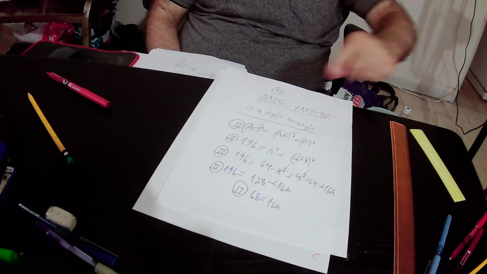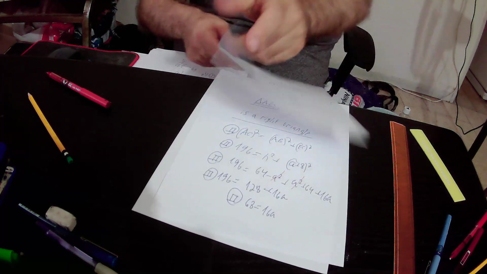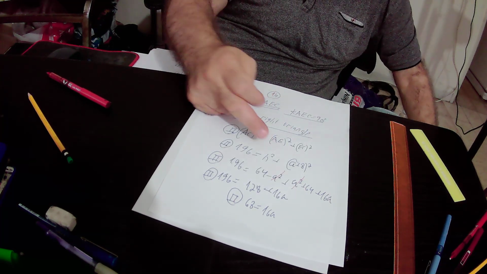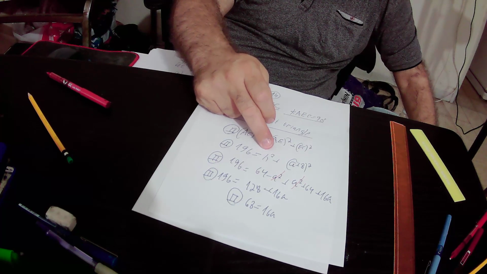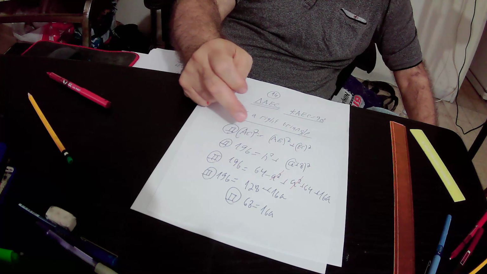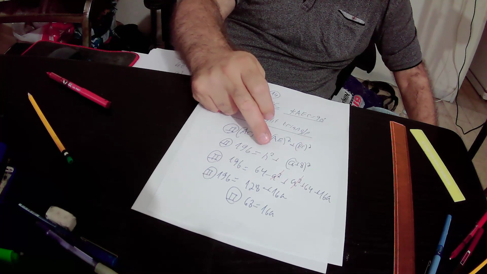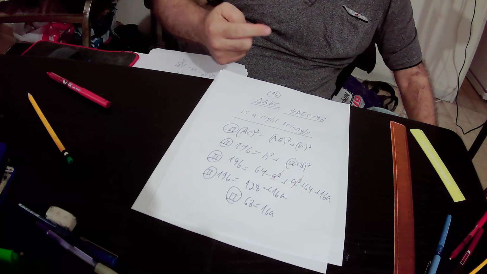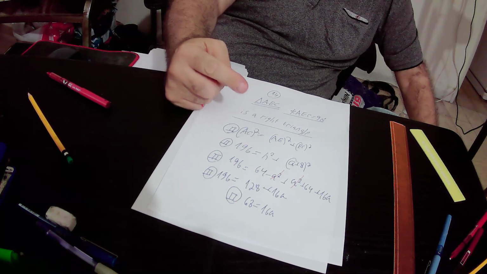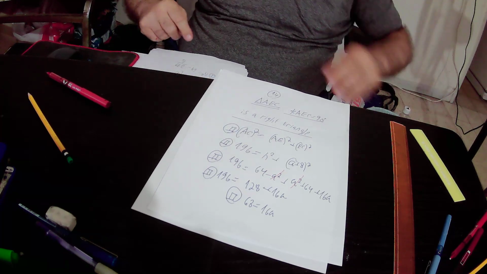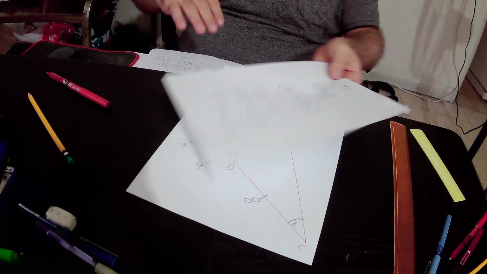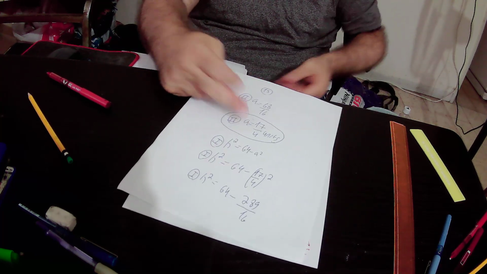Here we know that H square equals 64 minus A square, so we can substitute H square from equation number 2 by 64 minus A square. After we substituted, we have only one variable in one equation, that is A, and we solved this equation and found that A equals 17 over 4 units.